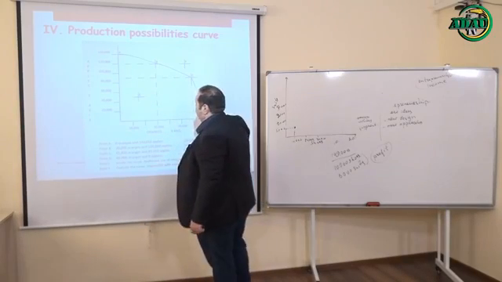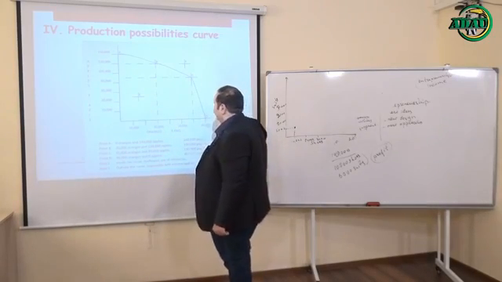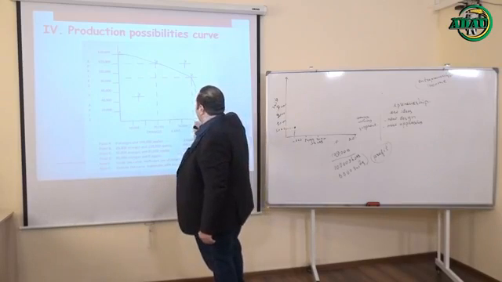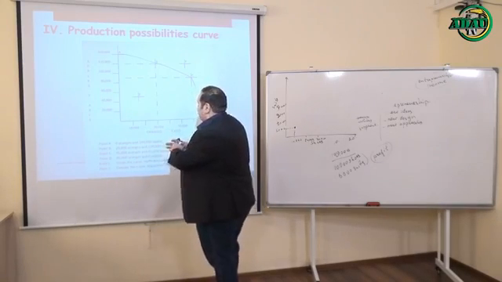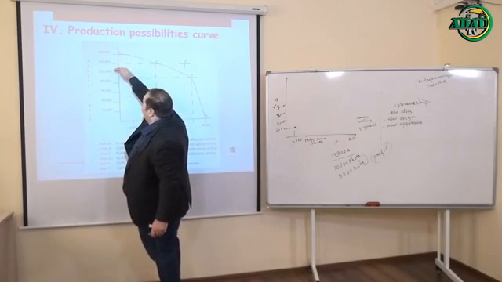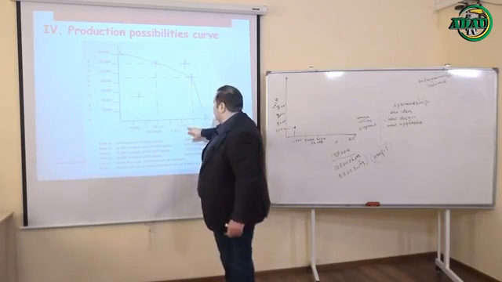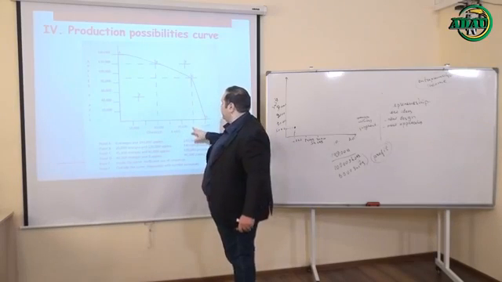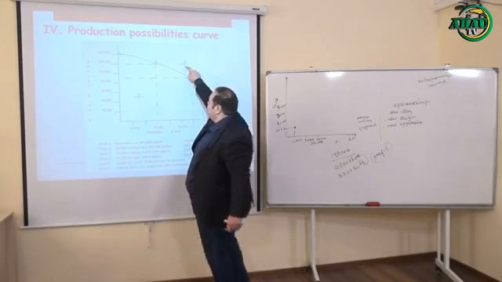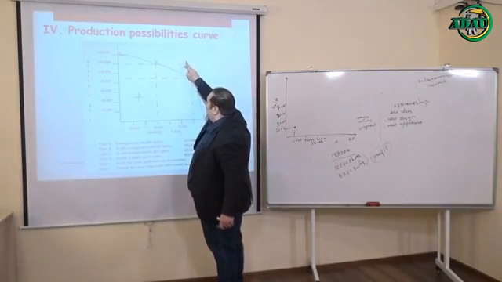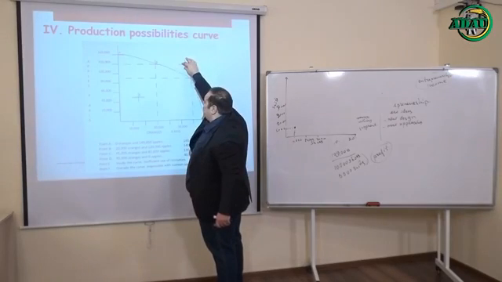But if we want to make the same amount of apples and oranges, you see, we cannot cover all these points. It means that we don't have such an amount of money, and that's because these points are out of this line.